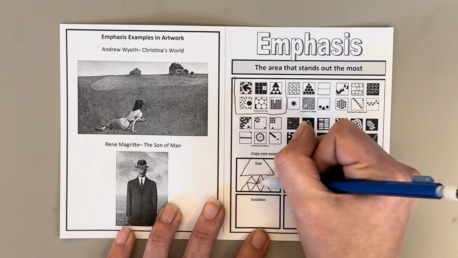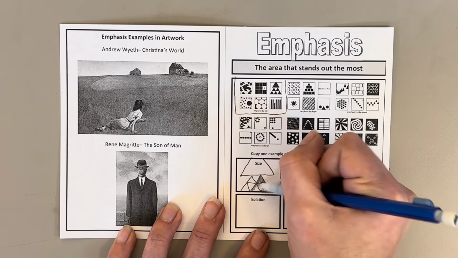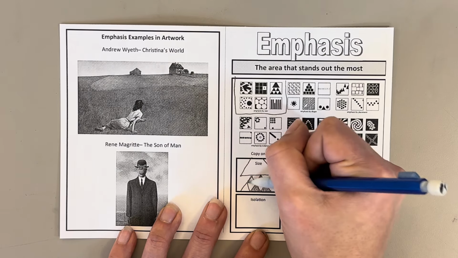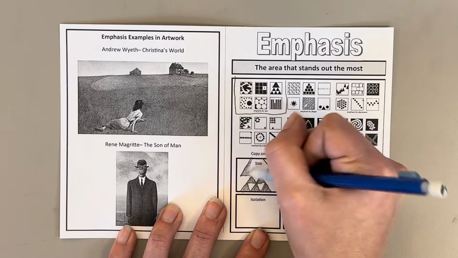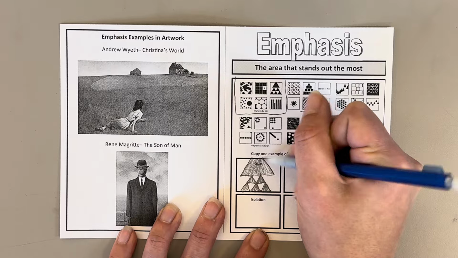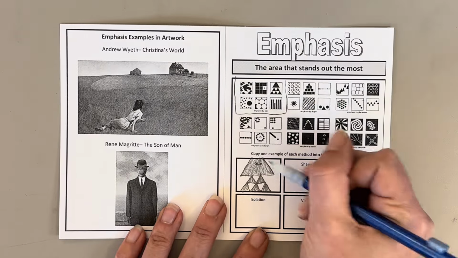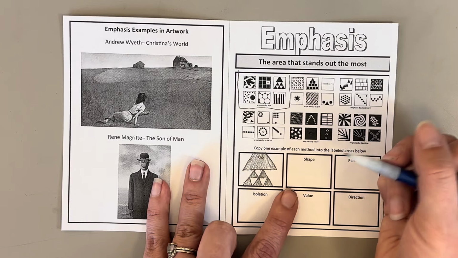So that is what I'm going to copy for my size one, but you can choose any of those examples there. We're going to go through and fill it in so that you can really see that part that we want it to have the emphasis. So we notice this one first because of the size and the difference between the rest.